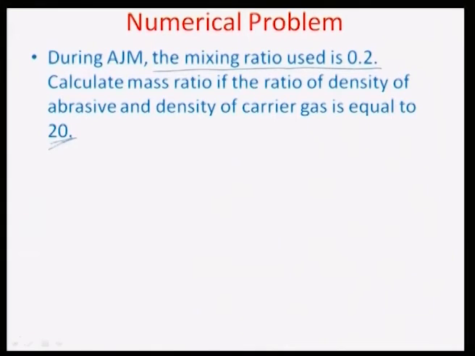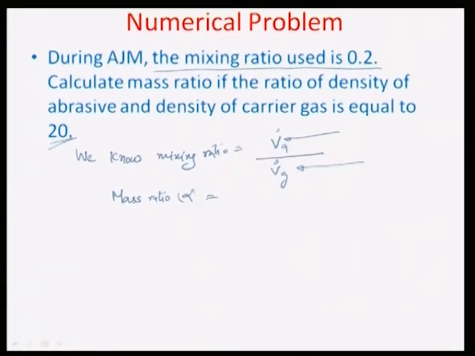So here we know the mixing ratio from the earlier definition as V_A dot by V_G dot, the volume flow rate of the abrasive over the volume flow rate of the gas, and we also know that the mass ratio alpha is given by the mass flow rate of the abrasive over the mass flow rate of the abrasive and gas taken together.